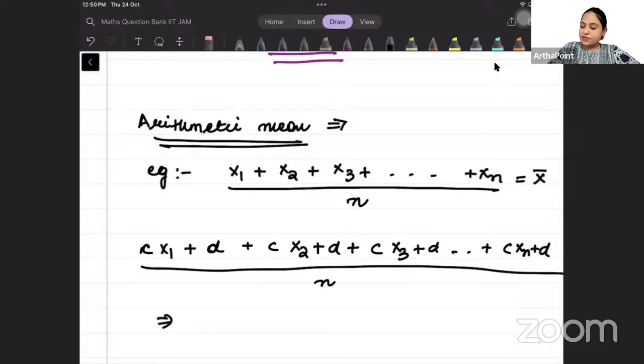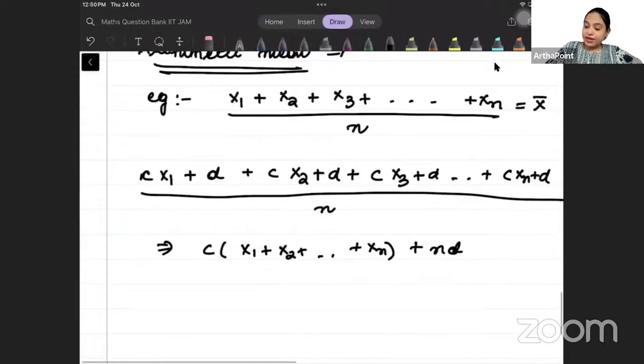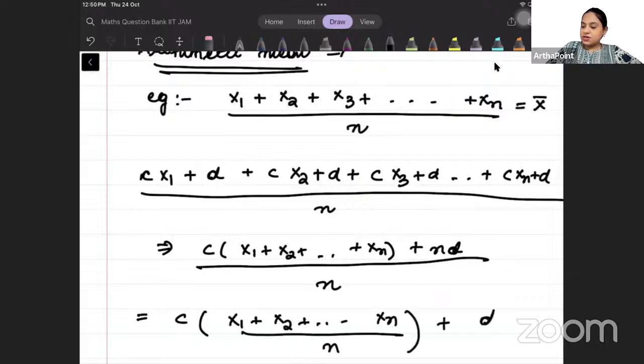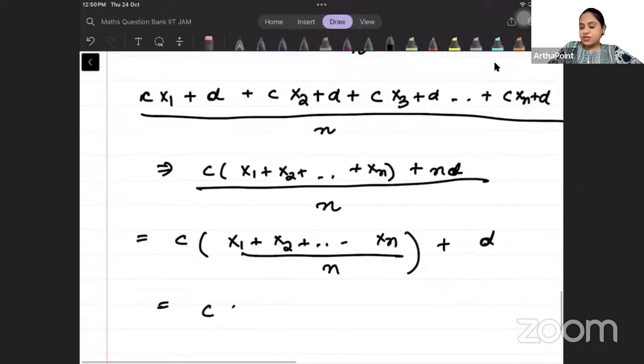We will notice that we get C times (x1 plus x2 and so on up to xn) plus nD, divided by n. So this will give me C times (x1 plus x2 and so on till xn) by n plus D, and this will simply give me C x bar plus D.